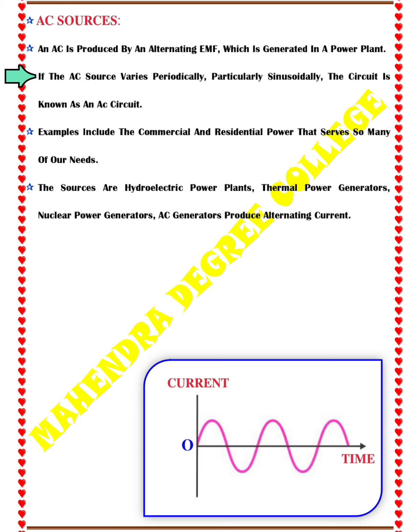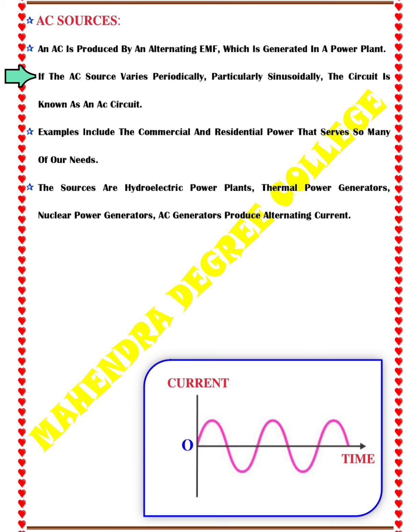If the AC source varies periodically, especially in a sinusoidal manner, the circuit is called an AC circuit. It means if the AC source varies periodically, alternating current means the current changes direction and magnitude over time.